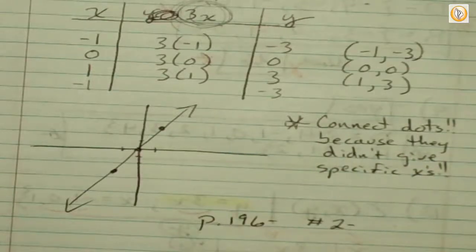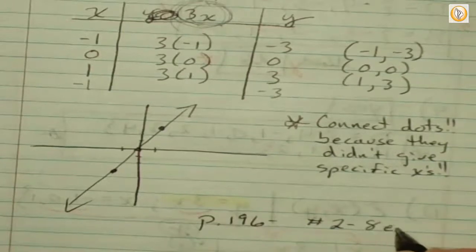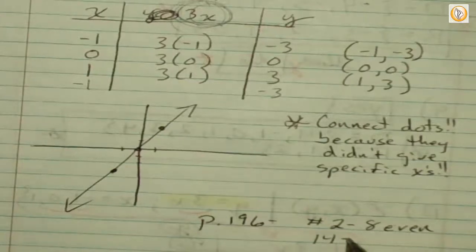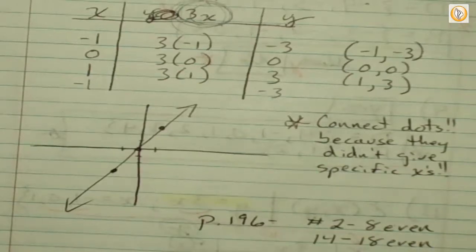All right, get started. 2 to 8 even. And everyone's going to be the same. And then 14 through 20 even.